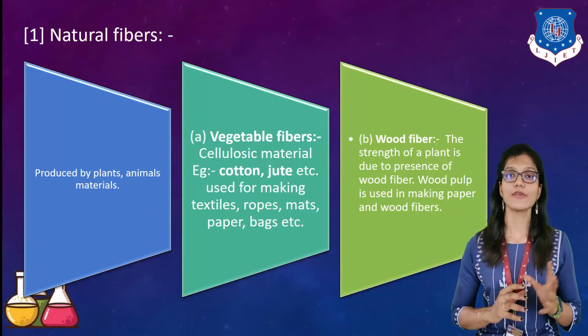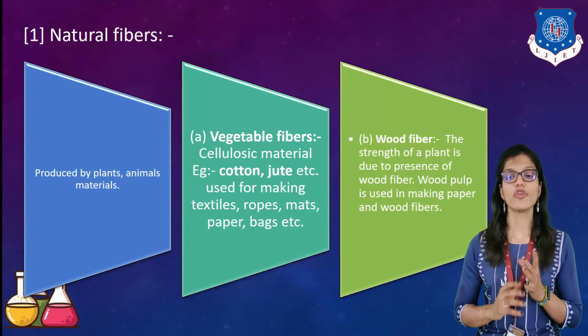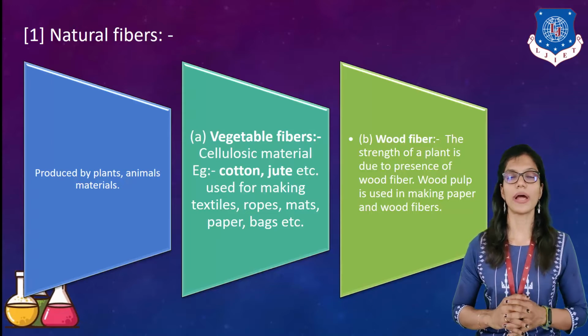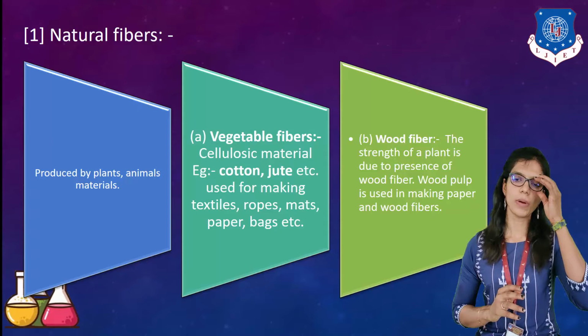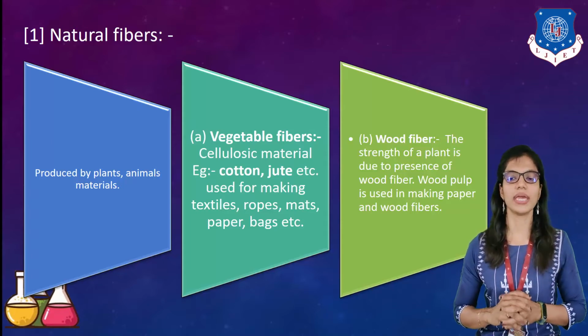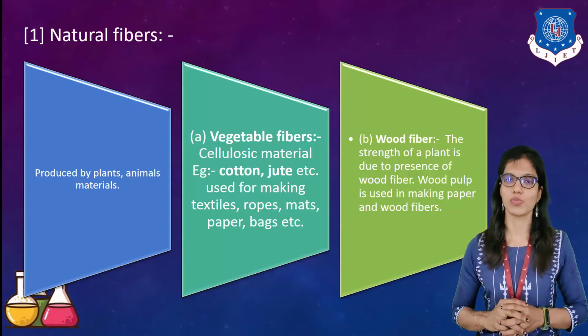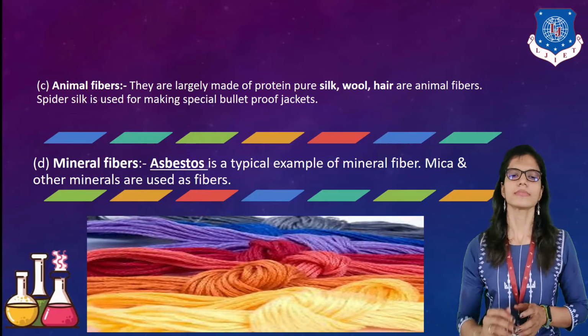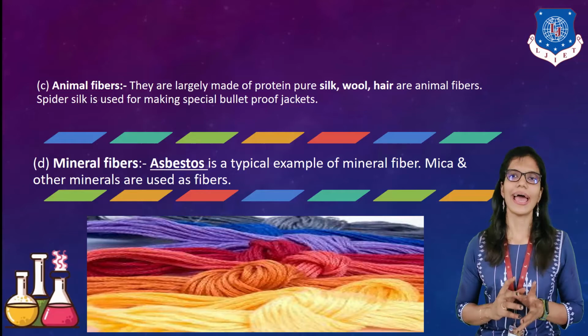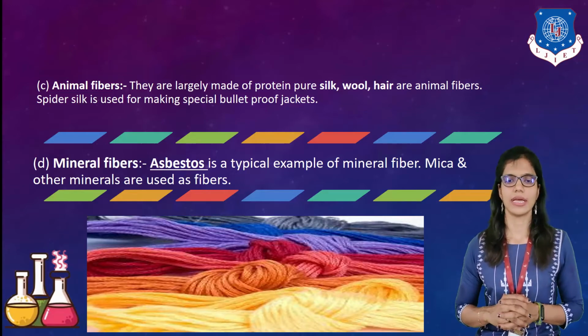Second one is wood fiber, right? The strength of a plant is due to the presence of wood fiber. Wood pulp is widely used in making paper and wood fibers both. Okay? Third one is animal fibers.